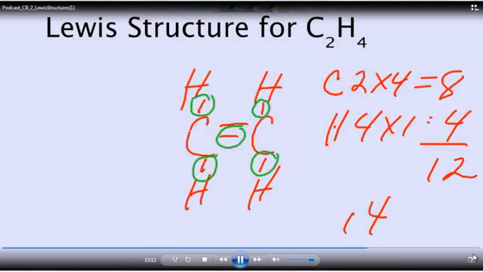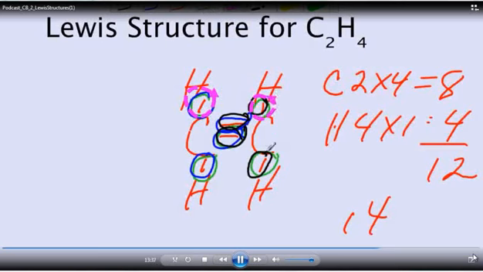Okay? And now what I have, let's take a look. Now this carbon has 2, 4, 6, 8, and this carbon has 2, 4, 6, 8, and each hydrogen has 2, so I've met both rules.